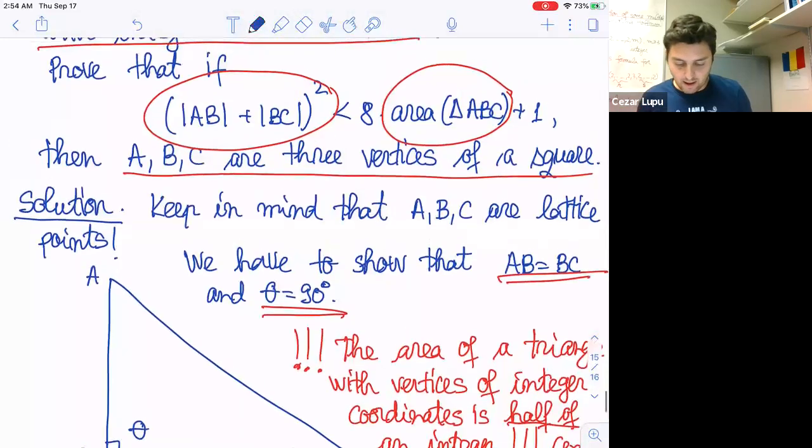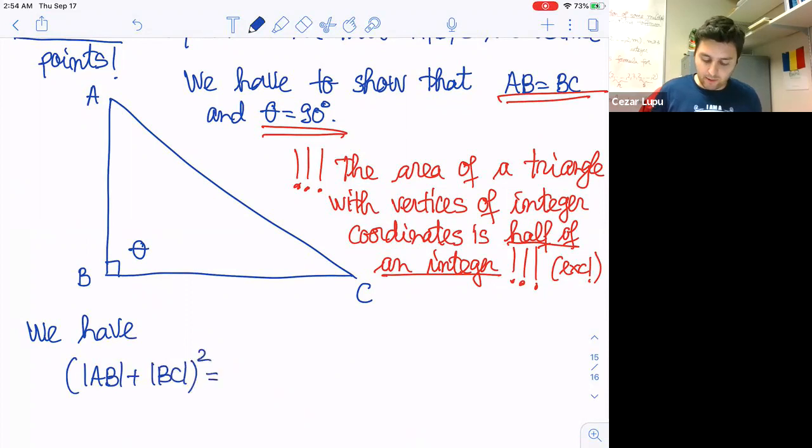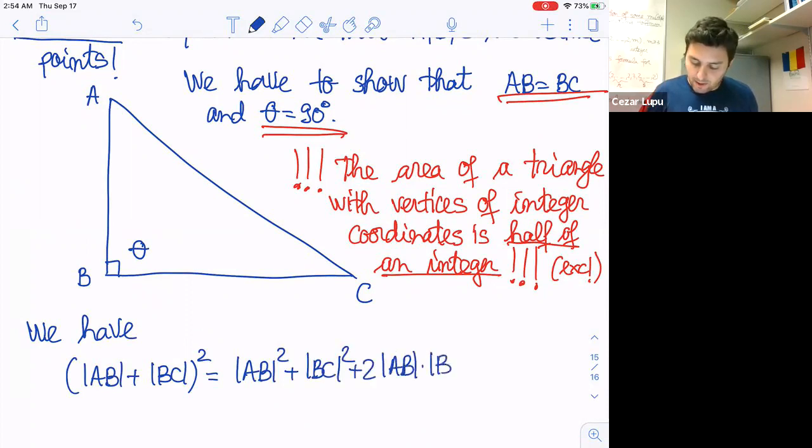Let's expand it. AB plus BC, everything squared, is nothing else than AB squared plus BC squared plus 2 times AB times BC.